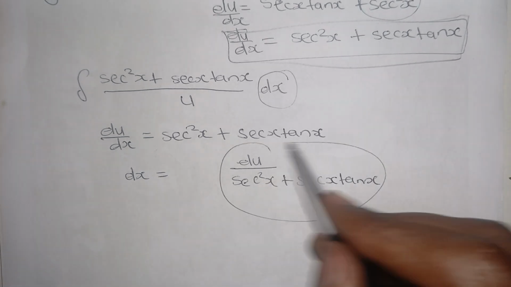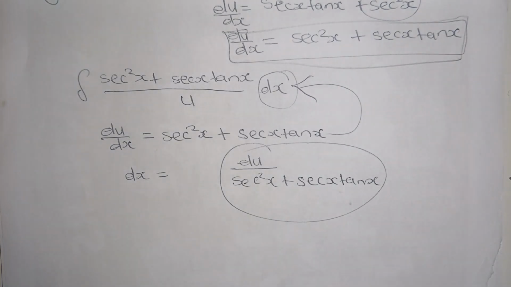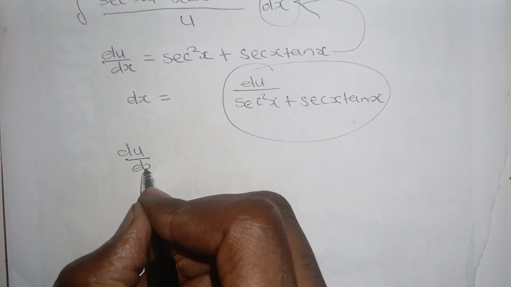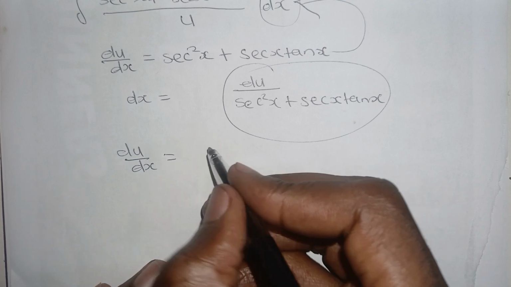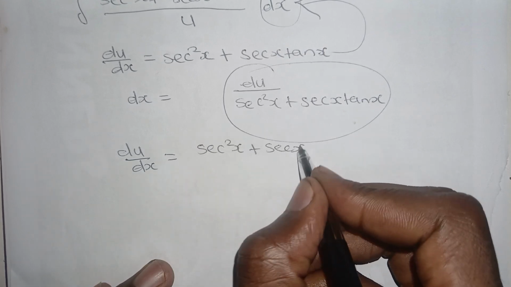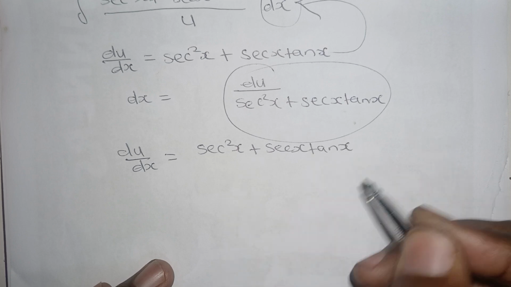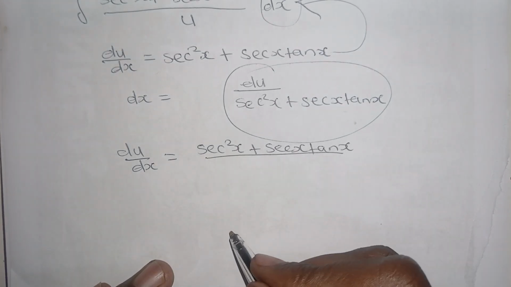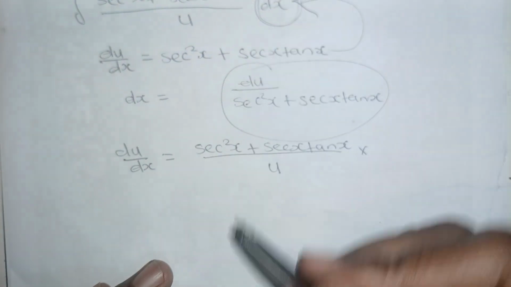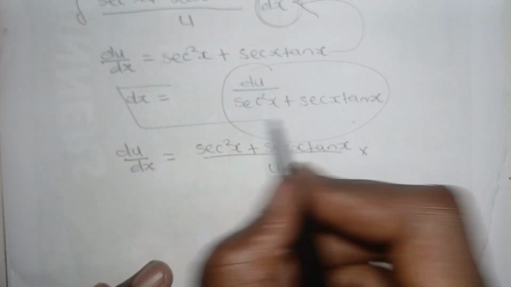So we're gonna take this and substitute it here, right? Then you just have to say sec square x plus sec x tan x, right? Divide by u, multiply, but instead of putting dx, we have to put this.